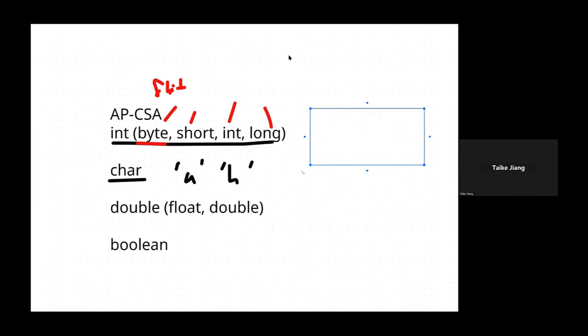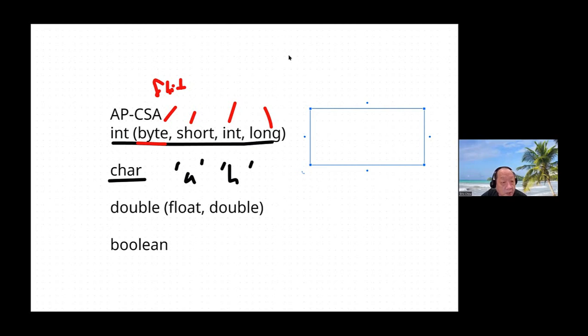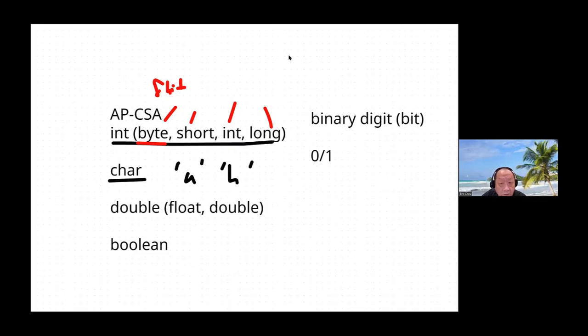So eventually when you store data into the computer, it's not really stored as 0 or 1. It is stored as an electronic wave, a low or high voltage level.